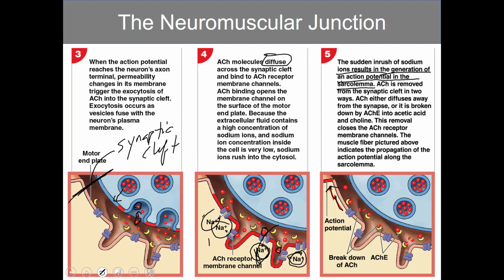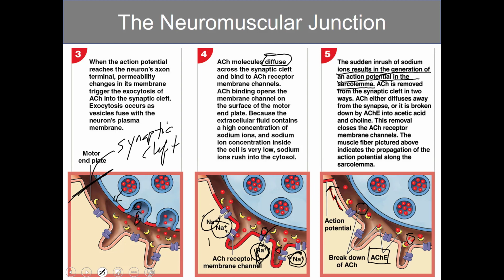It has to be removed from the cleft, and that is where the enzyme acetylcholine esterase comes into play. Acetylcholine esterase is an enzyme that is abbreviated AChE, and it physically breaks down acetylcholine, and we can see acetylcholine being destroyed and broken down here by this sort of moon-shaped enzyme.